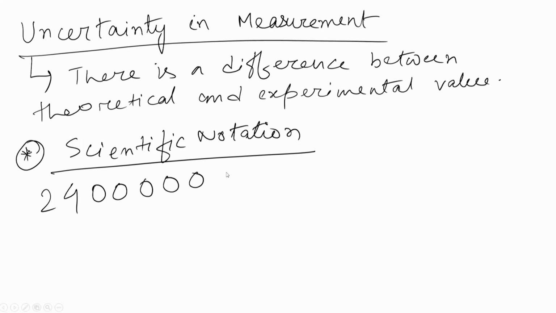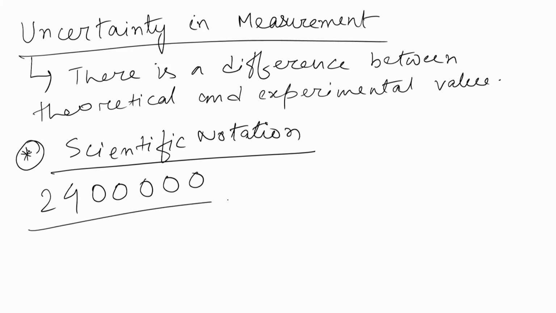So, every time we write something, it is very inconvenient or very difficult to write as many zeros. So, to avoid such things, there is a way of writing which is called the scientific notation. We write them in exponential terms.